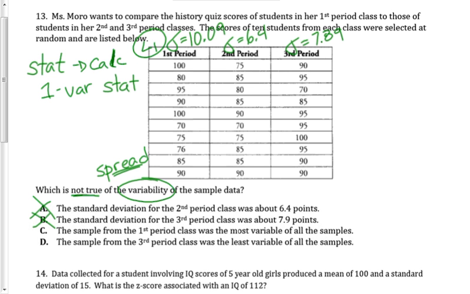Well, it has the highest standard deviation. That means it's the most variable or the most spread out. Answer choice D, the sample from the third period class was the least variable. The third period does not have the lowest standard deviation. Therefore, it's not the least variable. Second period is the least variable. So the fourth answer choice here is the one that's not true.